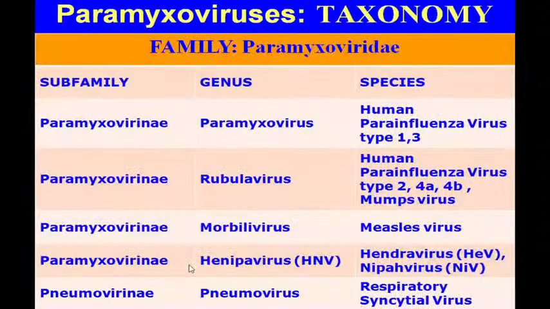We start with Paramyxoviruses. Here you can see the taxonomy of the Paramyxoviruses. This is a bit newer than what had been given 5 years ago, for example. You can see that the family Paramyxoviridae may be subclassified into several subfamilies: one is Paramyxovirinae and the second is Pneumovirinae.